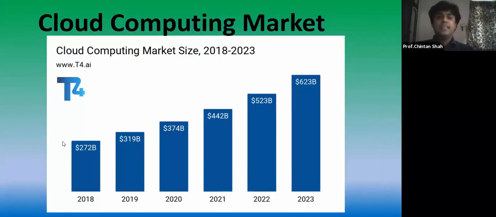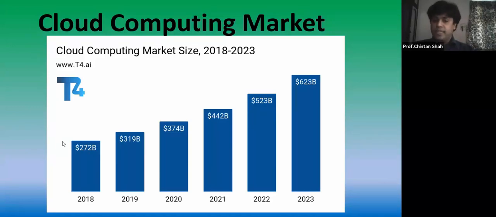If you can see the cloud computing market, this entire chart depicts everything. From the chart, in the year 2018, the size of the cloud computing industry was $272 billion. From 2018 to 2023, the cloud computing industry growth is projected to average 18% per year.